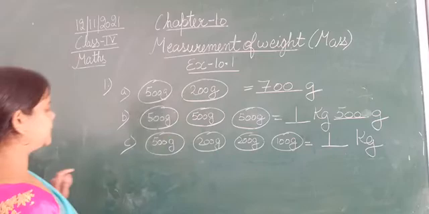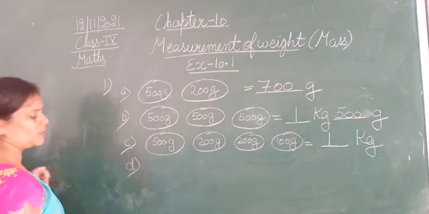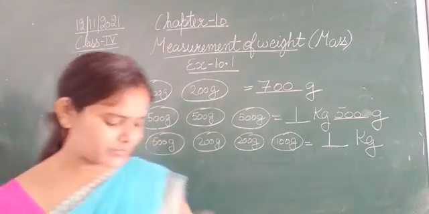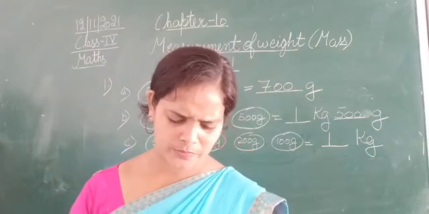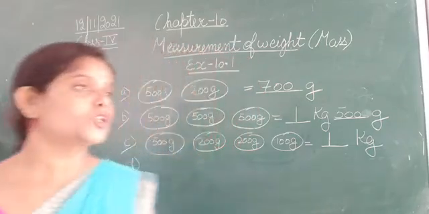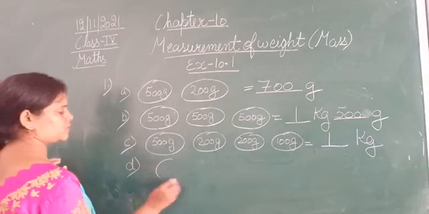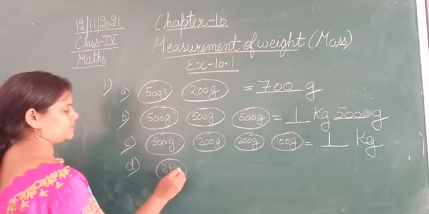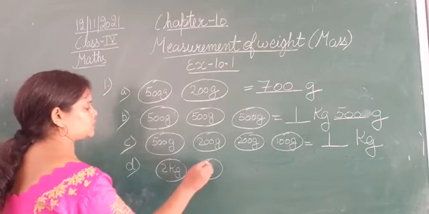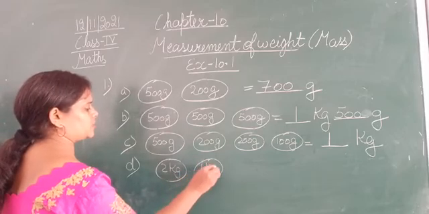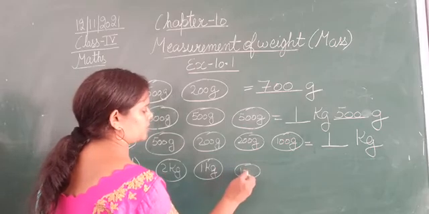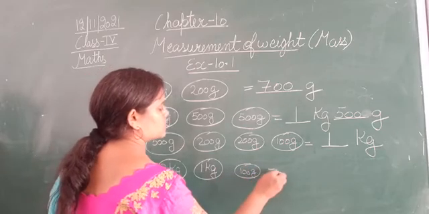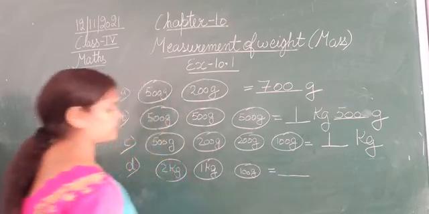Right? Now moving to the last case, the D1, where the weights are of 2 kg, 1 kg and 100 gram. The first weight is of 2 kg, second weight is of 1 kg and the third weight is of 100 grams. So what is the total weight?